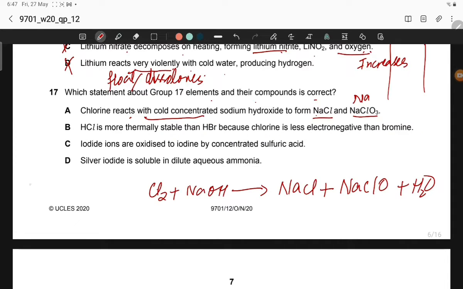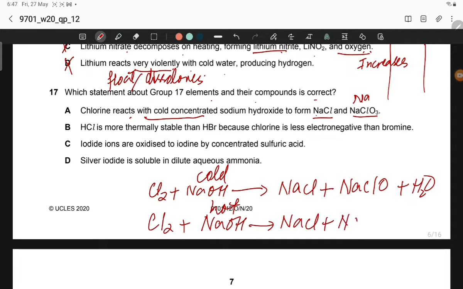This is when sodium hydroxide is cold. Cl2 plus hot sodium hydroxide forms NaCl, NaClO3 plus water.